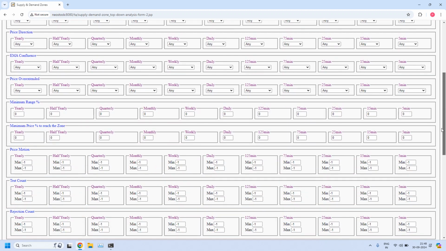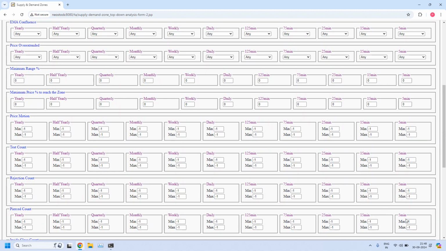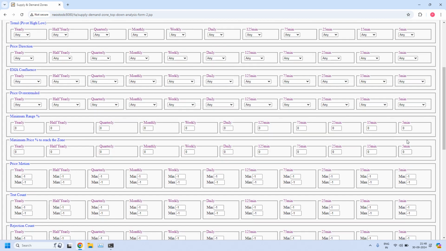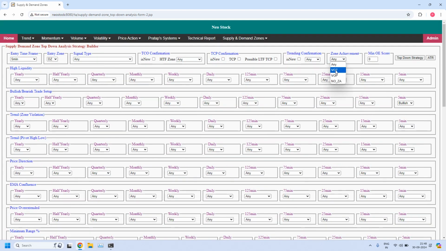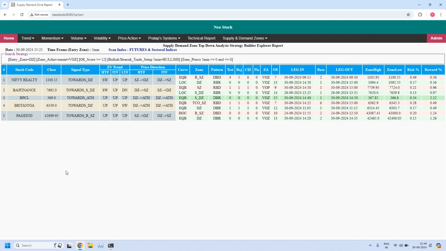So in the pierced count, in 5 minutes time frame, minimum value I am setting 0, maximum value I am setting 0, and zone achievement is violated opposing zone, minimum odd enhancer score is 12. All the 3 filters are applied to 5 minutes demand zone. Now let's verify how many we get. We got 5 stocks. All these 5 stocks are currently supporting bullish trade setup for hourly income trade, that is entry time frame 5 minutes.